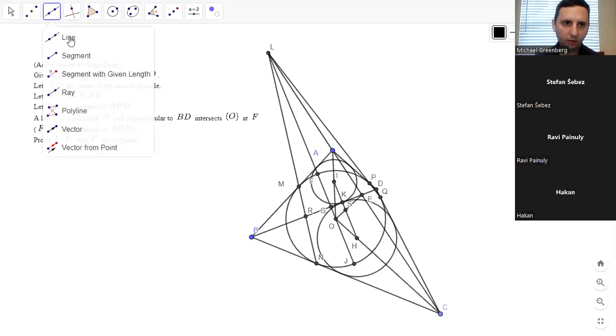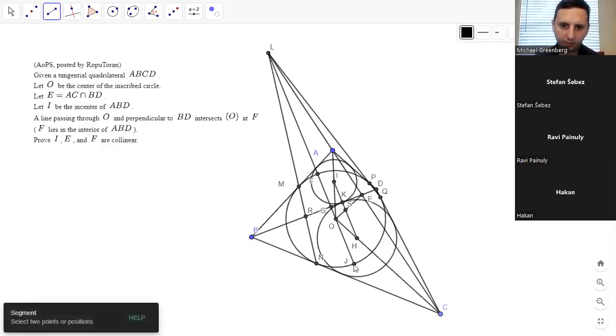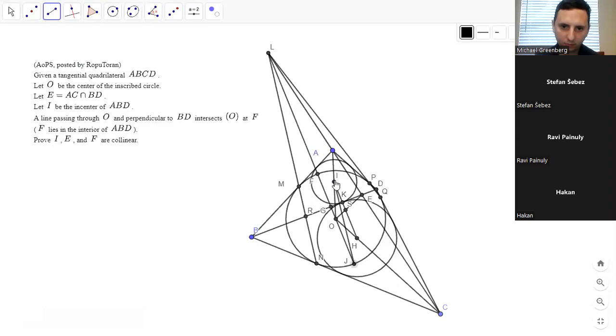Okay, so intersect JI and FH. That lies on OS. That's true by Ceva, or just similar triangles.